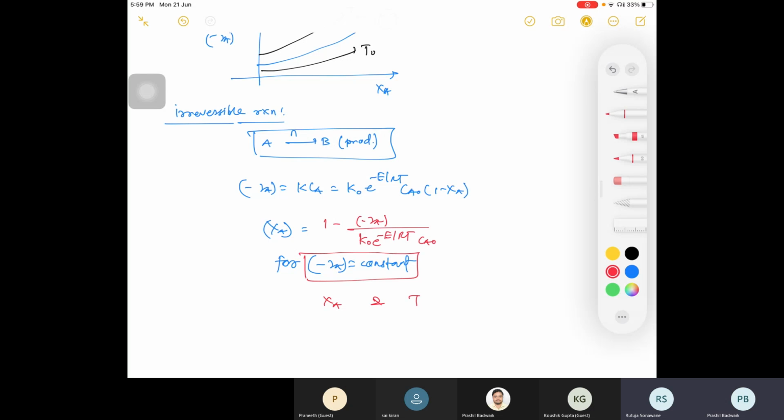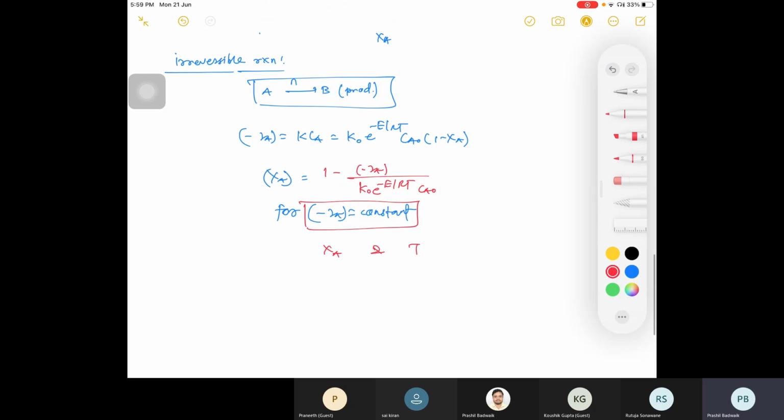Yes. Okay. Now suppose I am saying your rate is constant, and for a constant rate, how is your conversion varying with respect to temperature? Is it increasing or decreasing? Increasing. Right.